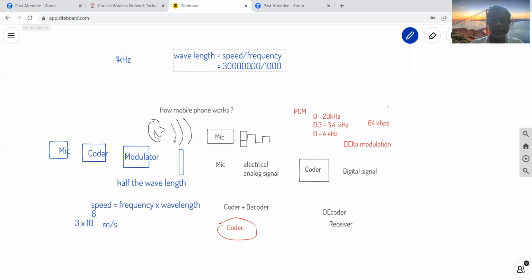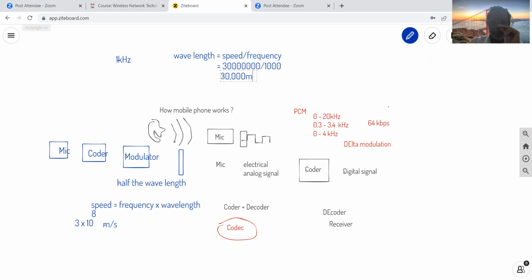Then the answer will be 30,000 meters. That is 30 kilometers. Then the antenna length should be 30 kilometers.